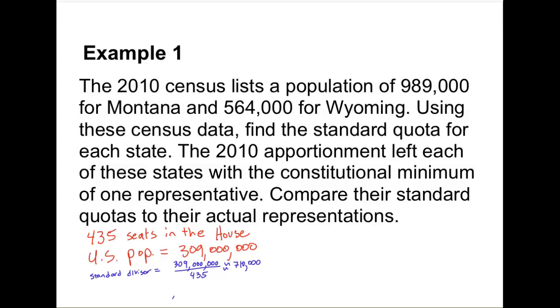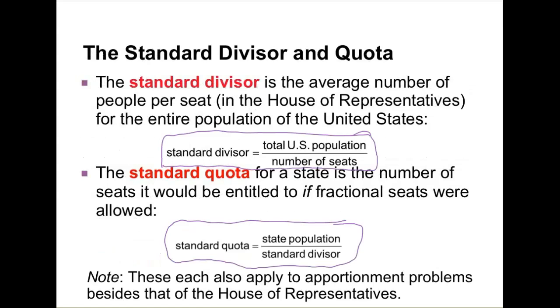All right, so now we can find the standard quota for each of these two states. So my standard quota, let's say Montana. What's the abbreviation for Montana? Is that MT? I think so. So my standard quota for Montana, if I go back, the standard quota, we take the state population and we divide out the standard divisor.